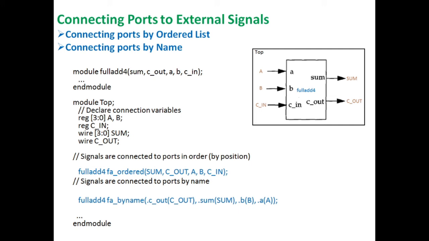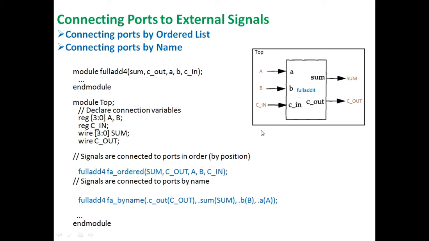So Verilog provides me the capability to connect these capital A, capital S, capital C, capital D, capital J signals to their ports by port names. I said that capital Cout is a signal, capital sum is a signal, capital B is a signal, capital A is a signal. These signals are connected to the ports A, B, Cin, sum and Cout through the port names. That means Cout and Cout, sum, sum, B, B, A, A.